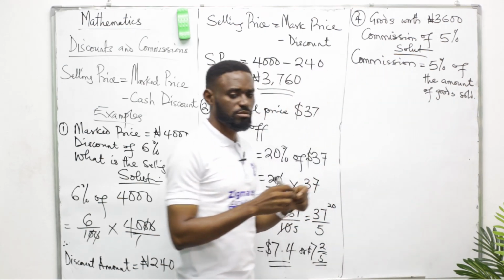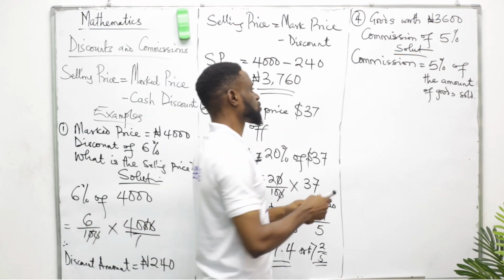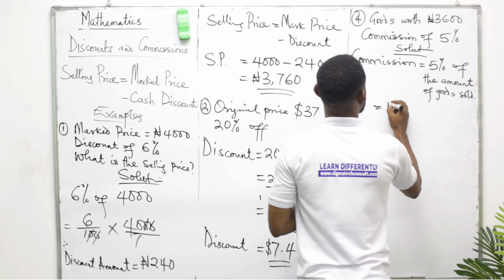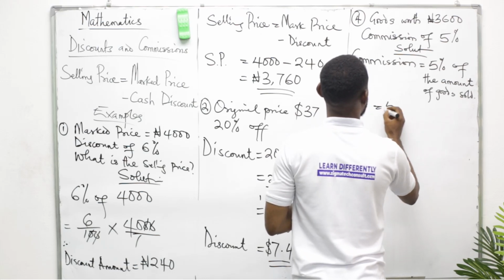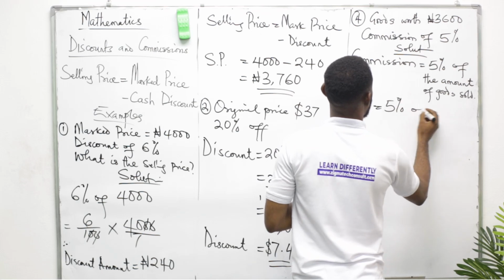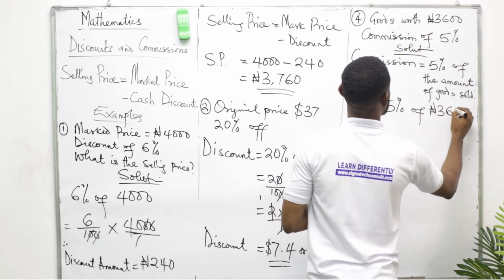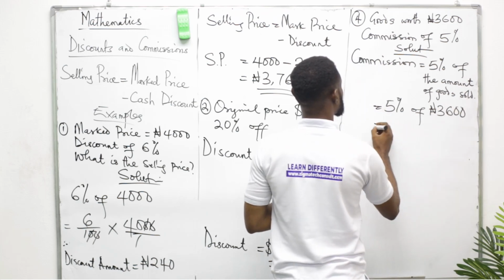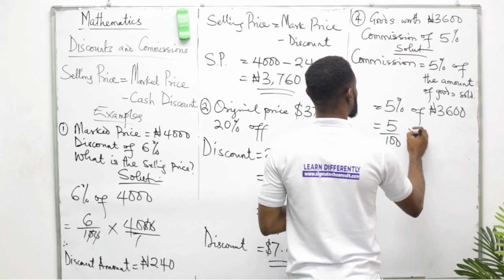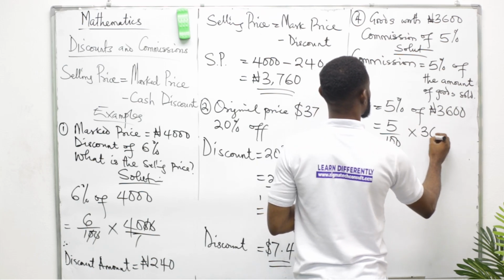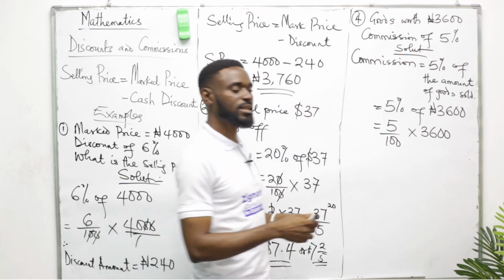That is his commission. 5% of the amount of goods he sold. So this is equal to 5% of 3,600 naira. So this gives us 5 over 100, remember, times 3,600 naira. Is that okay now?